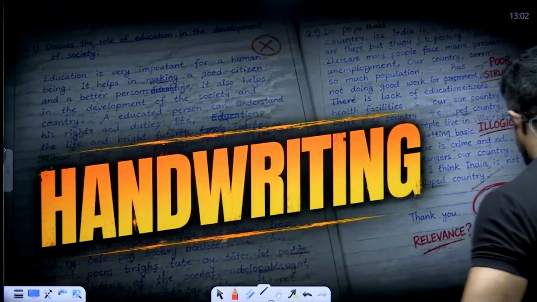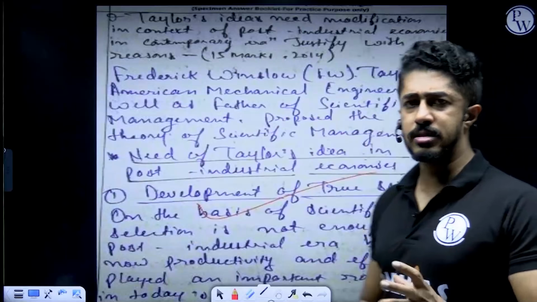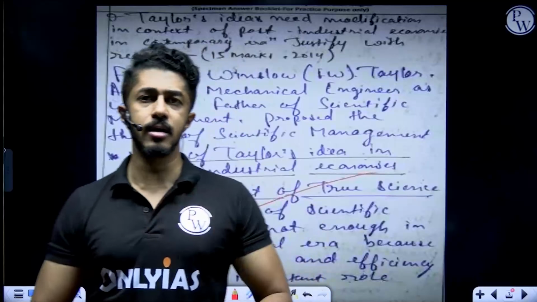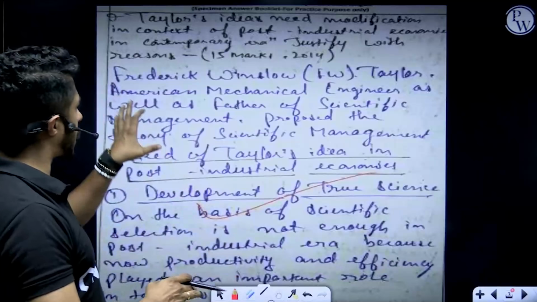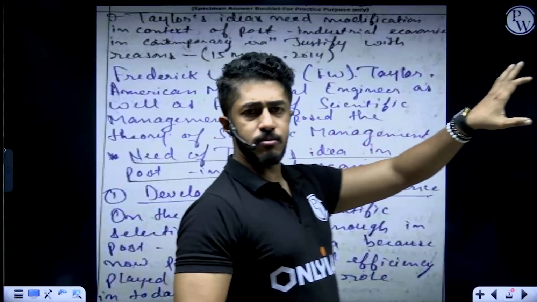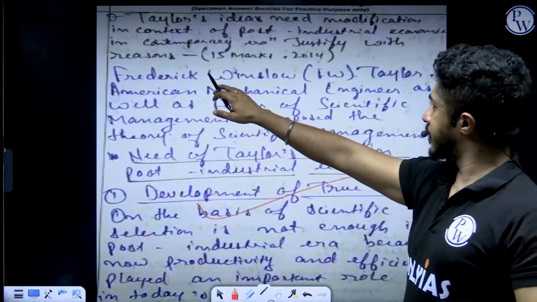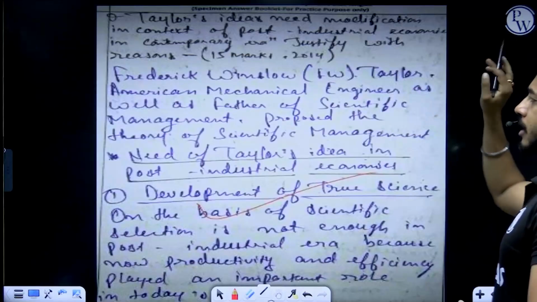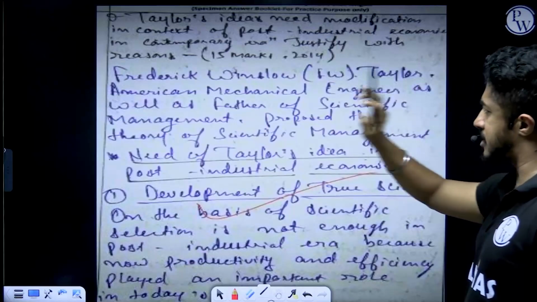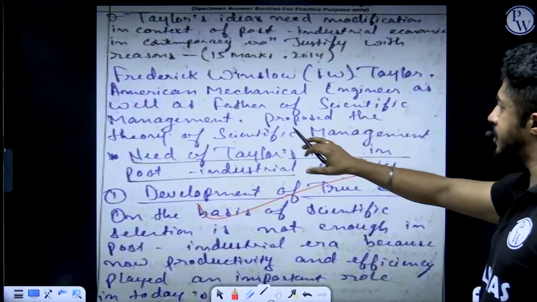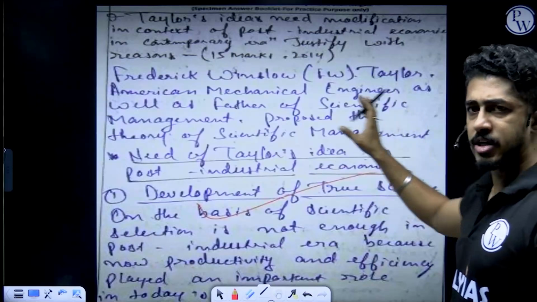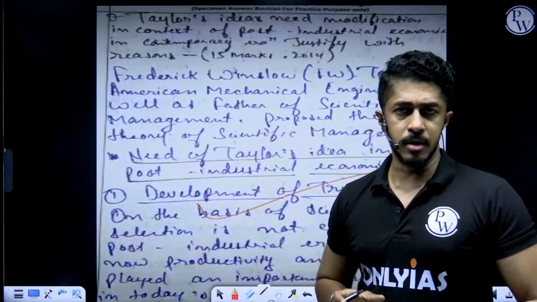Now, handwriting, it is not just about the legibility part, that whether it is readable or not. For example, if you take this answer here, I'm sure you're able to read it. Frederick Winslow, F.W. Taylor, American mechanical engineer as well as father of scientific management, proposed the theory of scientific management. It is readable.